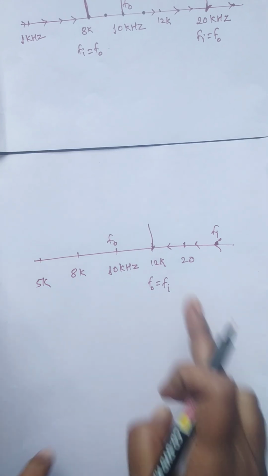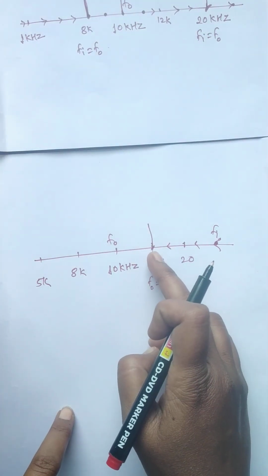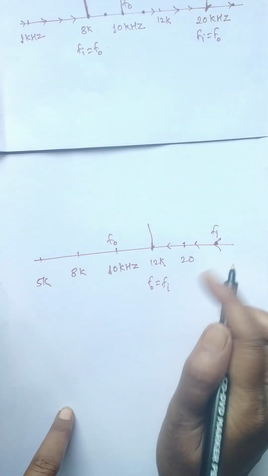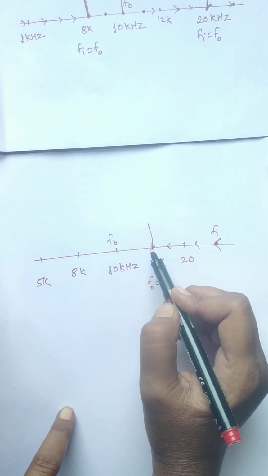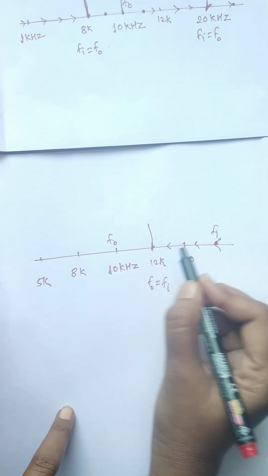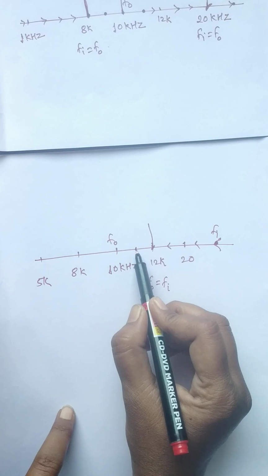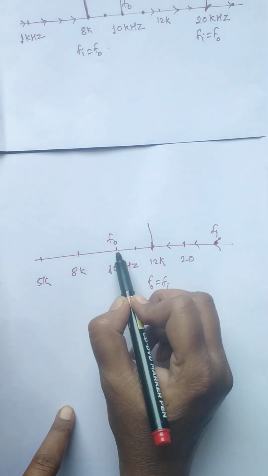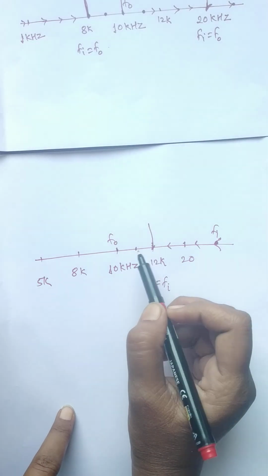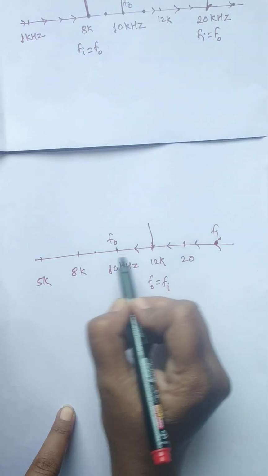Now the input signal is in the capture range of the PLL. We can say that the PLL has started tracking the input signal. Now if the input signal frequency is decreased to 11K, the output frequency will be 11K. Input signal frequency is 10K, output will also become 10K. Input becomes 9K, output will also become 9K.